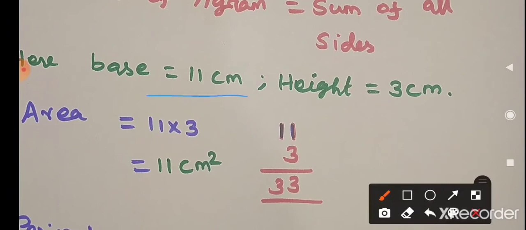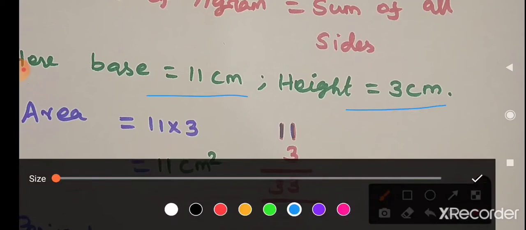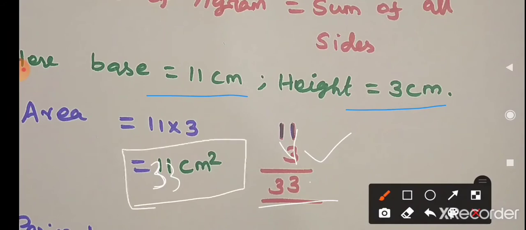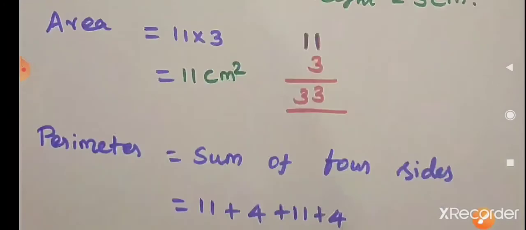So the area is base into height, which is 11 into 3. 3 into 1 is 3. So the answer is 33 centimeter square. Area is 33 centimeter square.